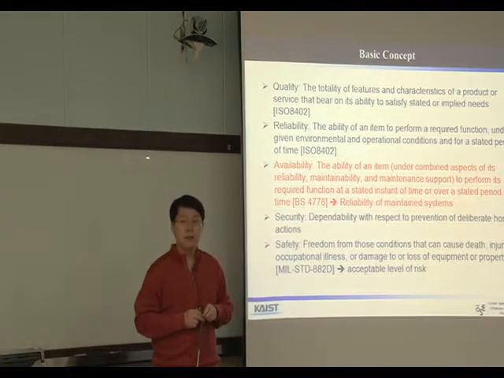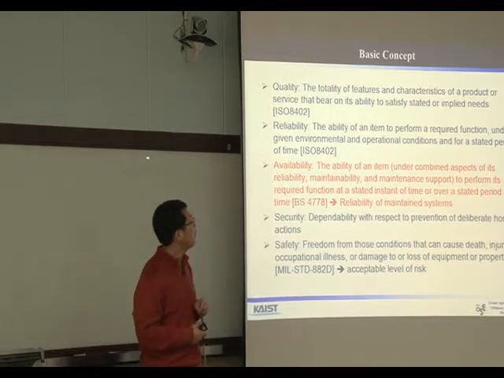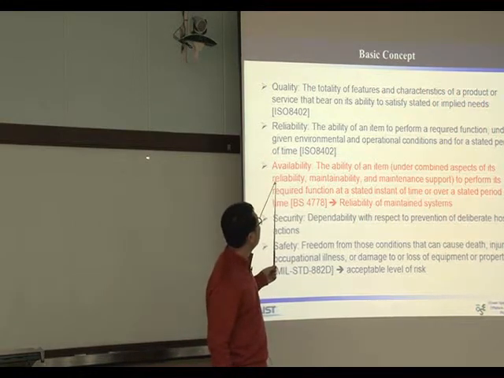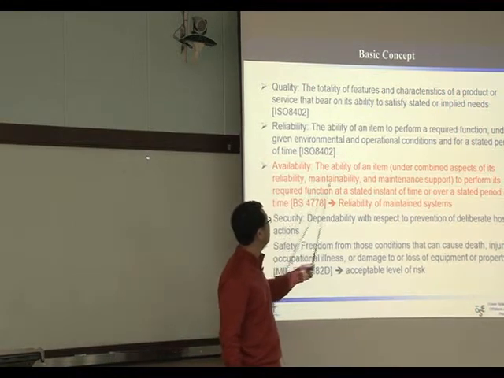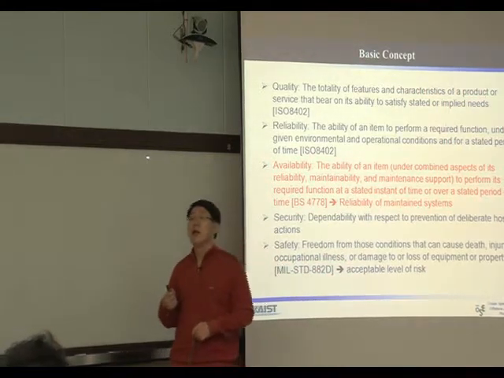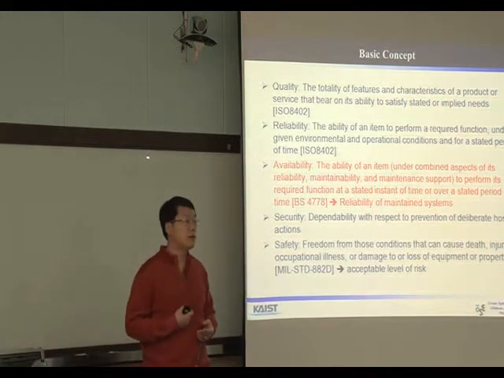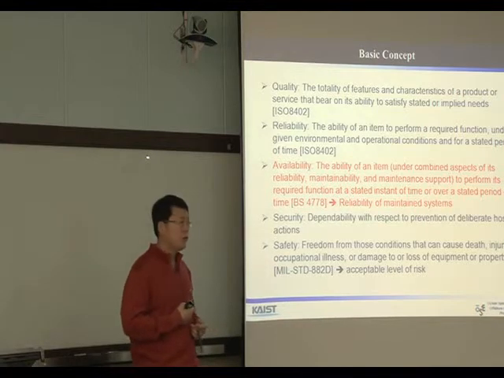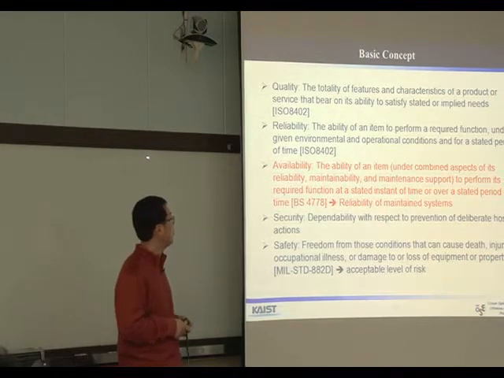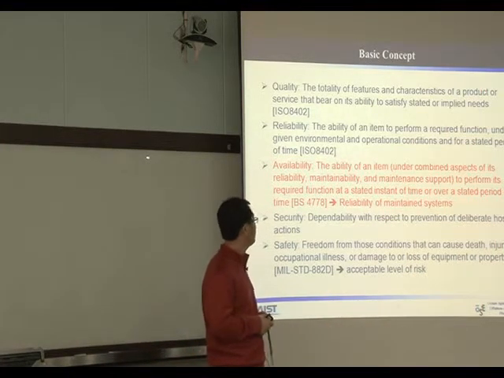Third one is availability. Availability is the reliability of the maintained system, under the combined aspects of reliability, maintainability, and the maintenance support. So availability is the reliability plus maintenance. Security: we can define security as the dependability with respect to prevention of deliberate hostile actions.